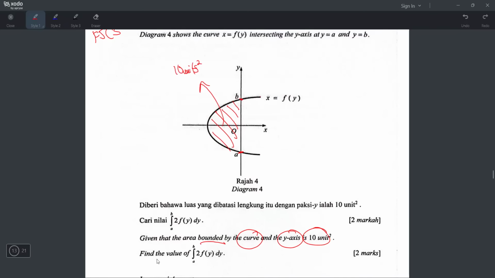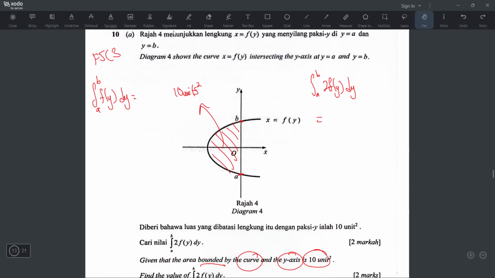Okay. And then they say find the value of the integral from a to b of f(y) dy. So I think I need to find out what is the integral of f(y) dy first, and you can get it from the diagram. If you want to find the integral from a to b of f(y) dy, it will be how much? As you can see, they already say the area here is 10, right?